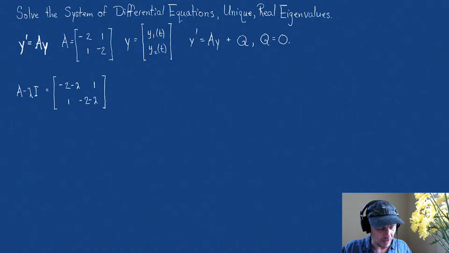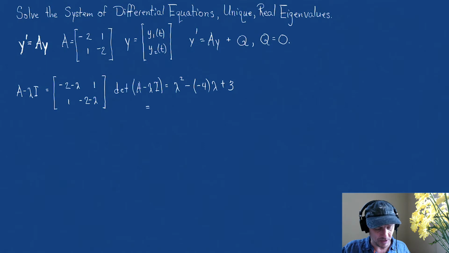Now we're going to do this a little bit faster, because what we learned then is if we take the determinant of A minus lambda I and set that to 0, it's also lambda squared minus the trace, which in this case is minus 4, times lambda plus the determinant. Well, that's going to be 4 minus 1, that's going to be 3.